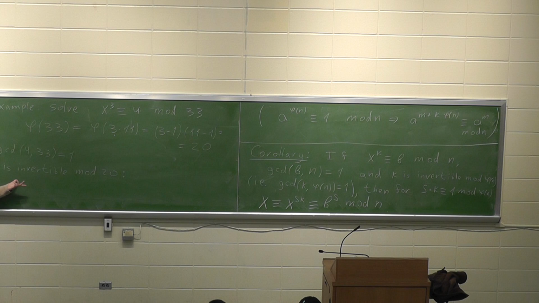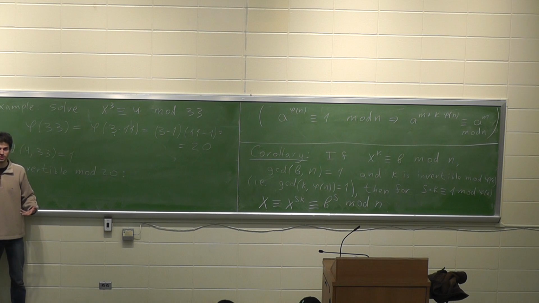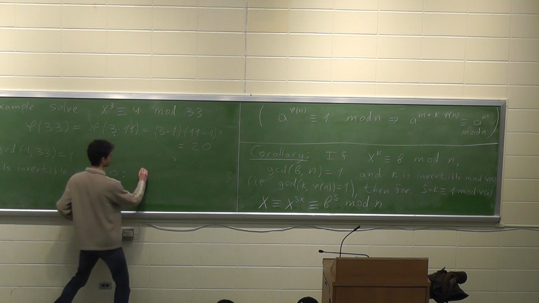Well, first of all, it's invertible because of the general principle: 3 is relatively prime to 20. But we are actually interested in finding the inverse. So what is the inverse?